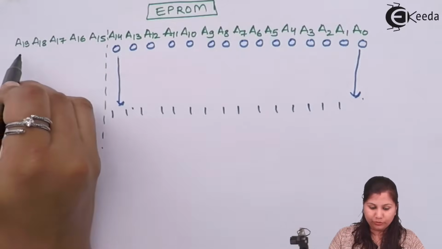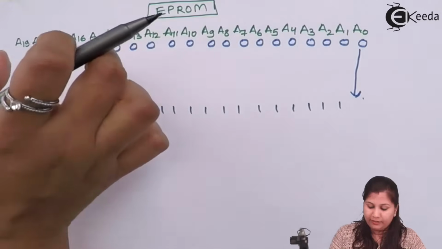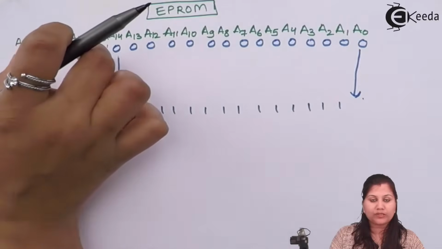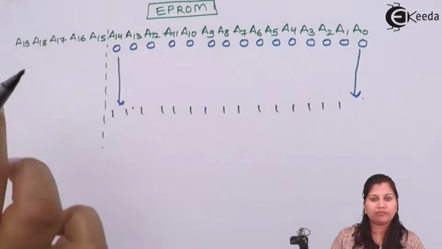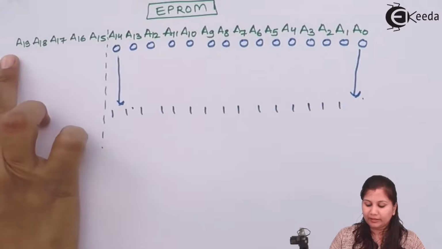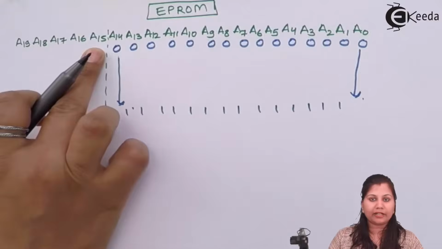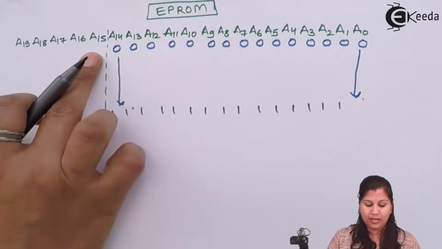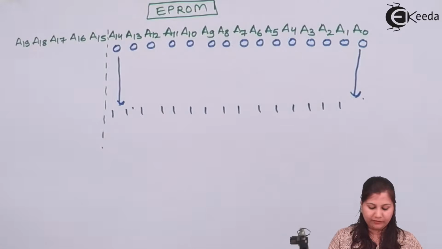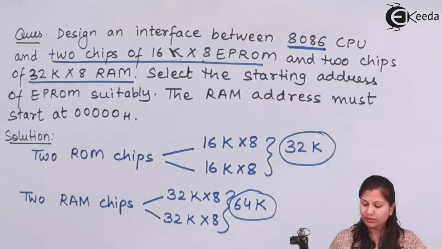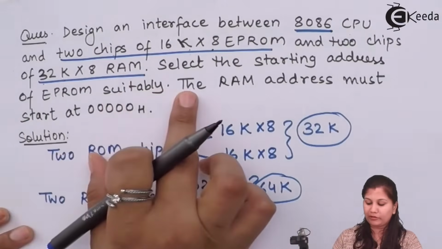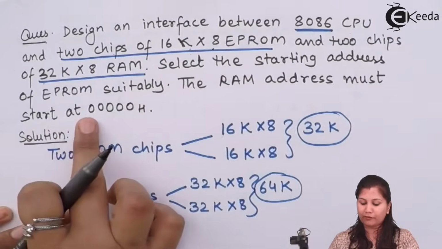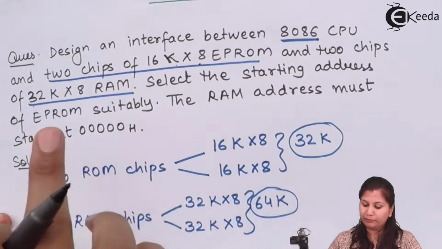Now for A15 to A19, we can keep any values, 0 or 1. We can keep all these 5 address lines at logic 1 and also at logic 0. But in the question we are told to choose the starting address of the EPROM suitably, since the RAM address should start from 00000.